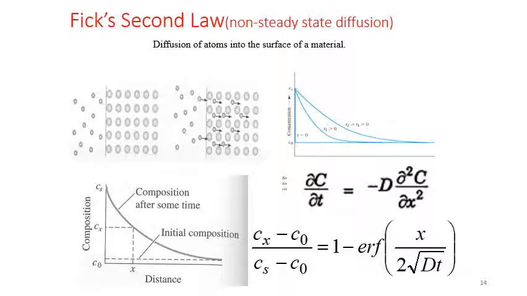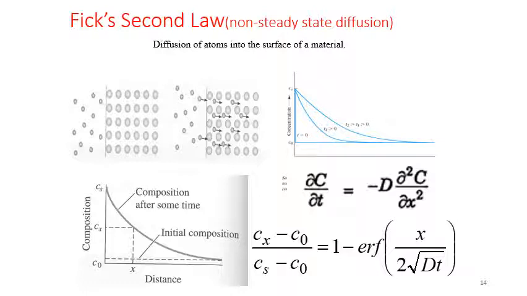C naught is the initial concentration, and Cs is the surface concentration. So C naught is the initial concentration, Cx the concentration at some distance x, Cs the surface concentration, D is the diffusivity, and t is the time.